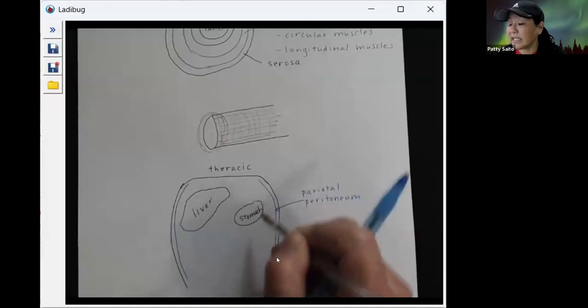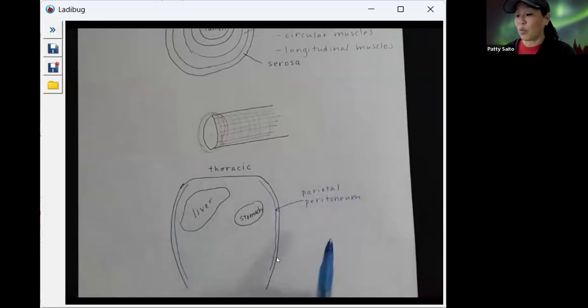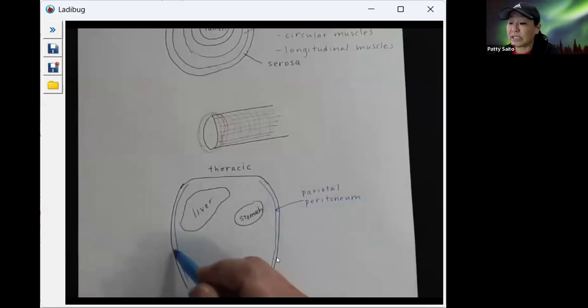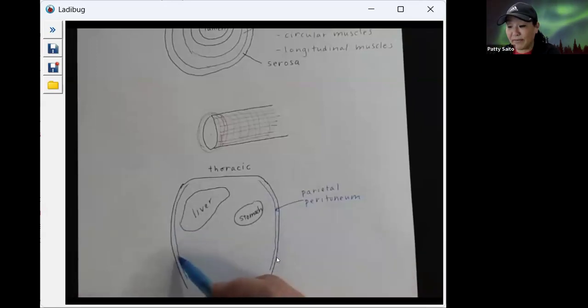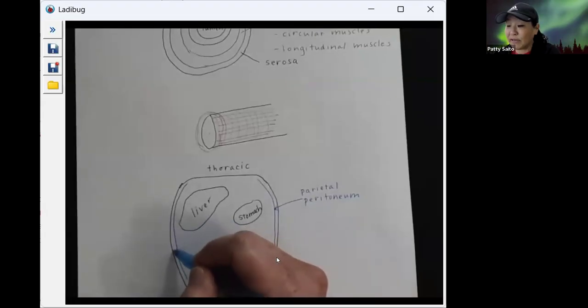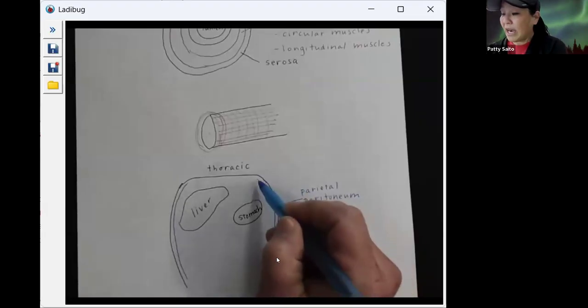And we have intestines, we have all kinds of stuff. So it's going to get complicated because this one membrane is going to have to encompass a lot of these structures. And then there are structures that are outside of the peritoneum. Okay, and I should have drawn it. So there's structures that are not inside the peritoneum. All right, so how do we do this?